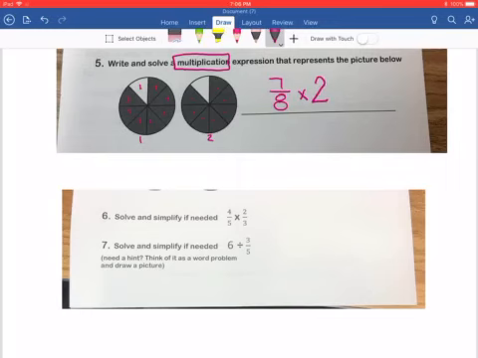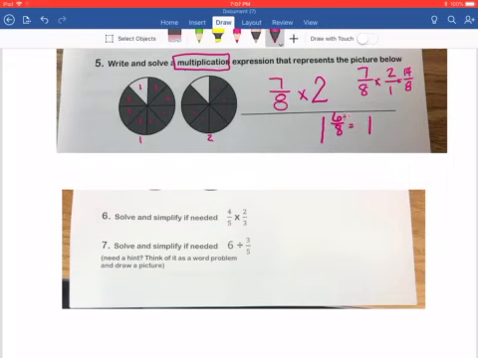And it does say that I have to solve it. So if I do my 7/8 times 2 over 1, I get 14/8, which, if I look, 14 divided by 8 is 1, with a remainder of 6/8, which can be simplified.